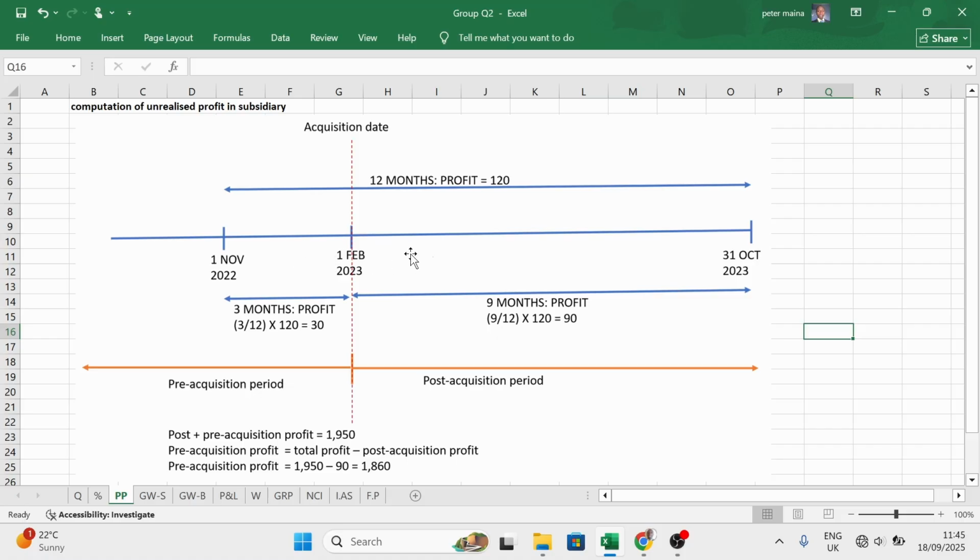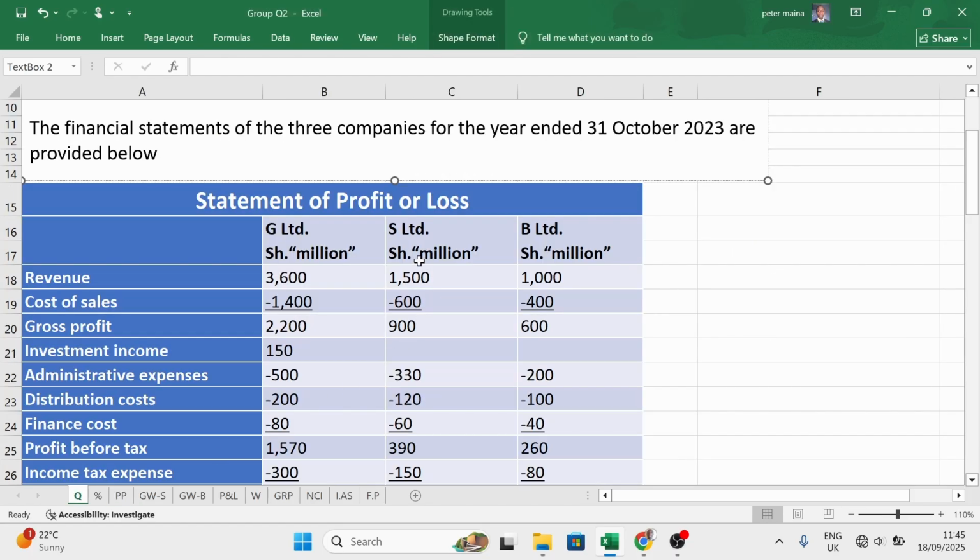The parent is only going to take income and expenses of the post-acquisition period, which is only 9 months. Therefore, we are going to multiply all the items in S Limited column by 9/12. Just that, then whatever we get, we add it to that of G Limited, and we will have the consolidated income statement.